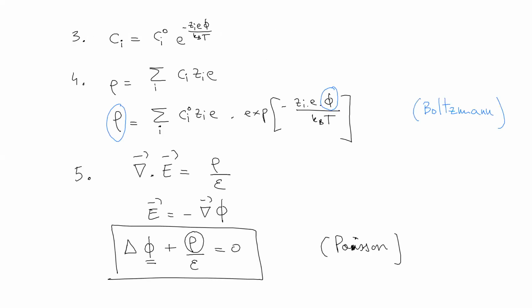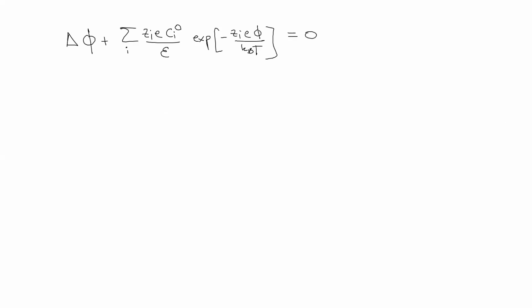And then if I solve for phi, I can just plug it here and get the density, or here, it's the same, okay? So I'm now concentrating on that equation that we call the Poisson-Boltzmann equation.